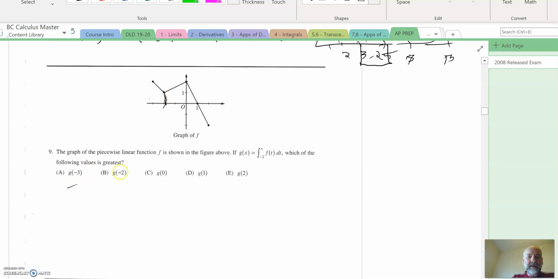G of -2 would be the integral from -2 to -2. That's 0. And then G of 0 is this area, and G of 1 would add on that area, so that's got to be bigger. And then G of 2 is going to be all the way here, but that's going to give it some negative stuff, so that's going to put it down. So the answer is G of 1, because that's when you hit the maximum.